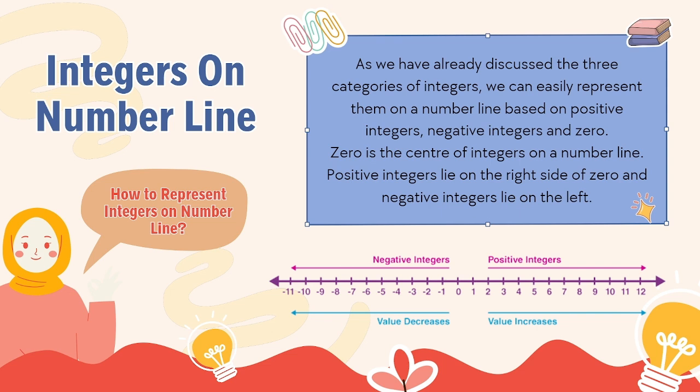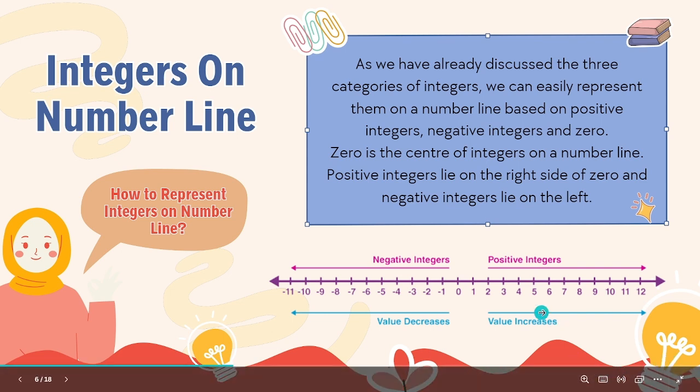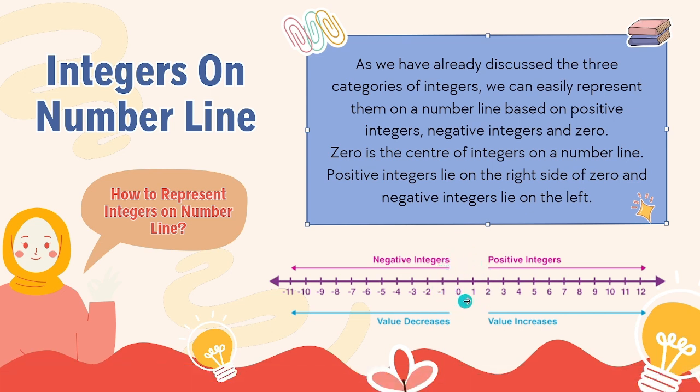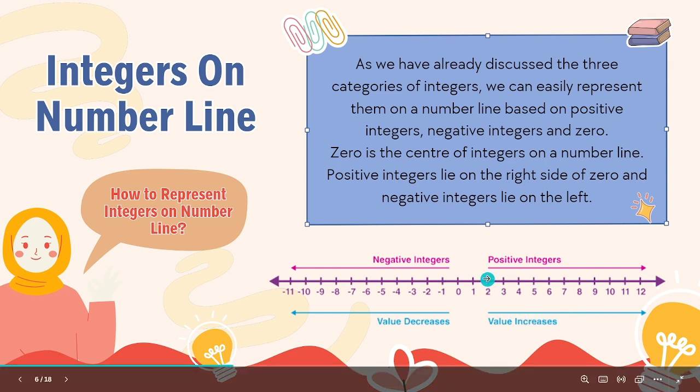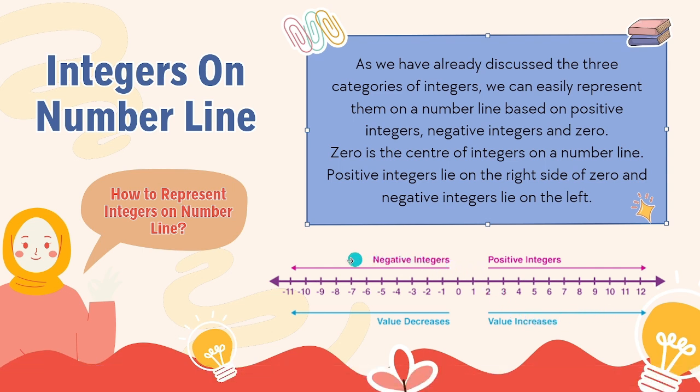As we have already discussed the three categories of integers, we can easily represent them on a number line based on positive integers, negative integers, and 0. 0 is the center of integers on a number line. Positive integers lie on the right side of 0, and negative integers lie on the left.